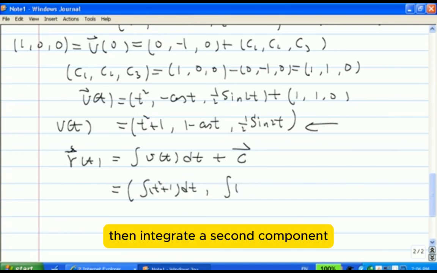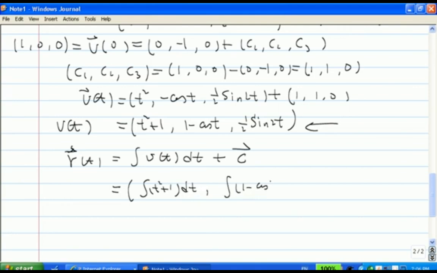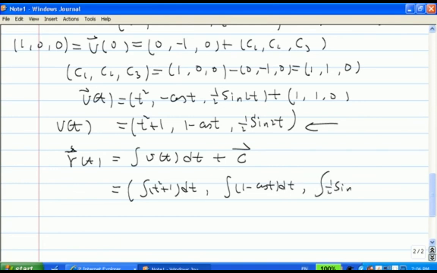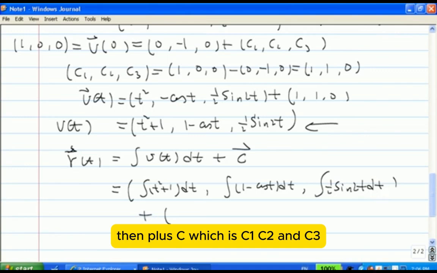Then integrate the second component. Then integrate the third component. Then plus C, which is C1, C2, and C3.